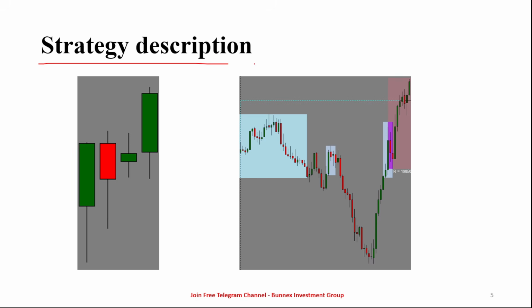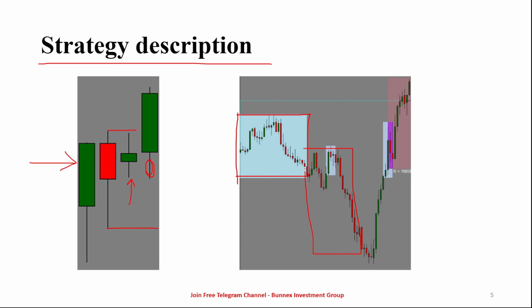All right, so basically the strategy that we'll be using in this case, you can see these are the daily time frame candles, and on this daily time frame we can see this is the high and this is the low, and in this particular case it means this is a valid inside day. On the following day, we can see there's this particular pullback to the downside. So we want to see the Asian session range being established, and then we want to see a stop hunt, which is this particular structure, right?